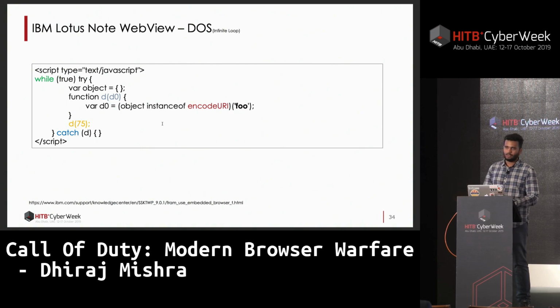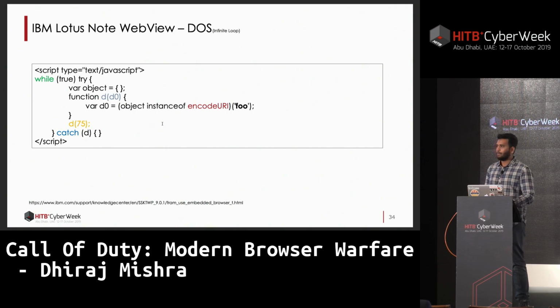If you read through this, it's pretty clear that it's an infinite loop. So when you visit this in IBM Lotus Notes, it will hang or freeze and utilize a lot of CPU, and memory consumption would be high. So this leads to a denial of service.